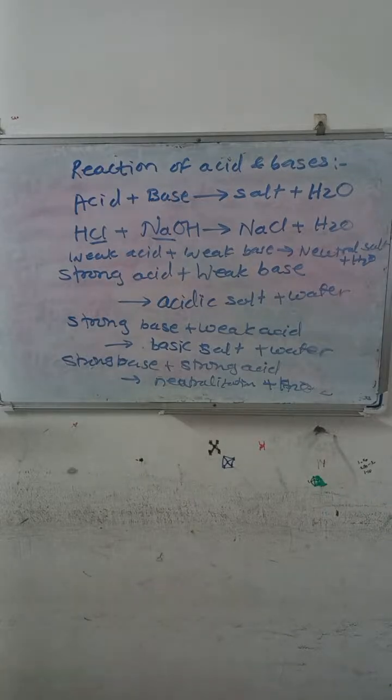Only strong acid and strong base gives neutral salt plus water, both being the same nature. If the acid is strong and the base is weak, this gives acidic salt plus water. And if we have a strong base and weak acid, they give basic salt plus water. Getting this?